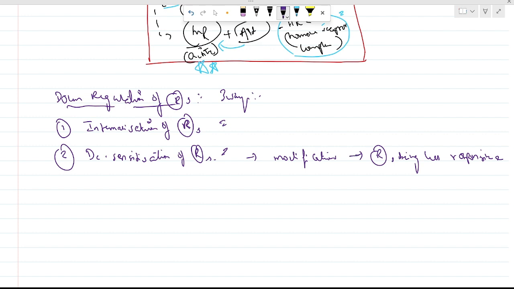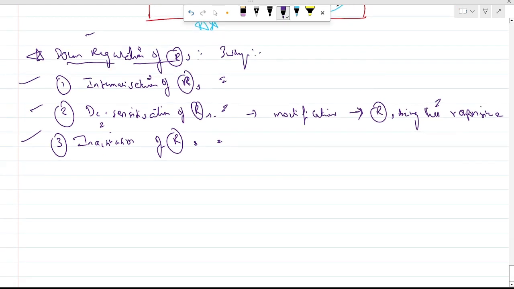This modification in the receptors leading to receptors being less sensitive is desensitization. Sensitivity of the receptors is reduced. The final one is inactivation of receptors. Receptors are inactivated. Internalization, desensitization, and inactivation of receptors come under the down regulation of receptors.